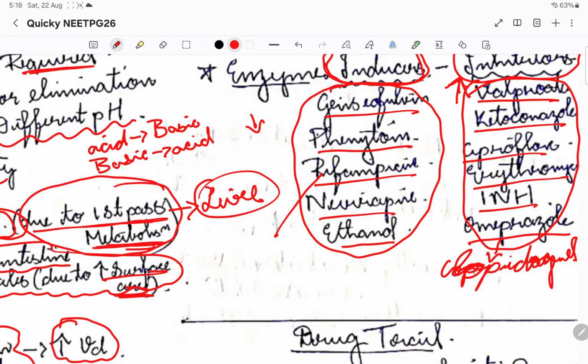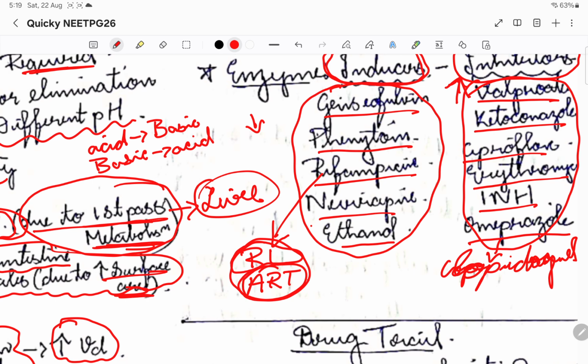And rifampicin, I told you when I was discussing microbiology, right? Rifampicin is avoided with ART drugs, antiretroviral therapy drugs, because it is an inducer which induces the drug elimination.